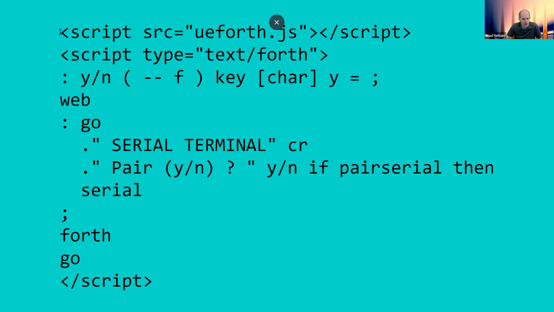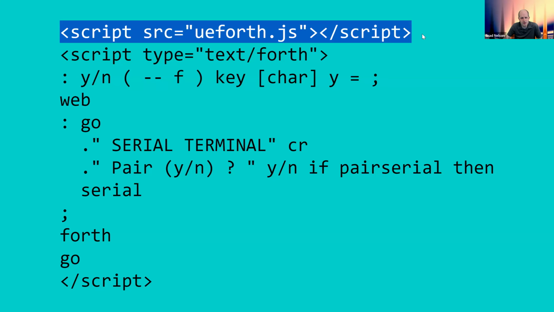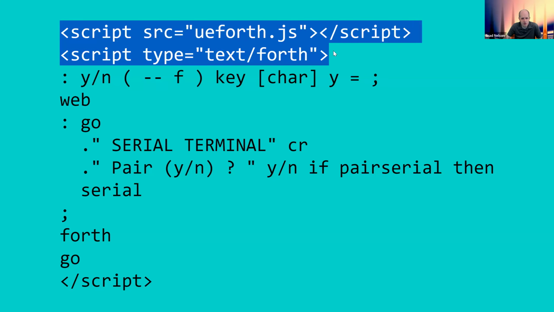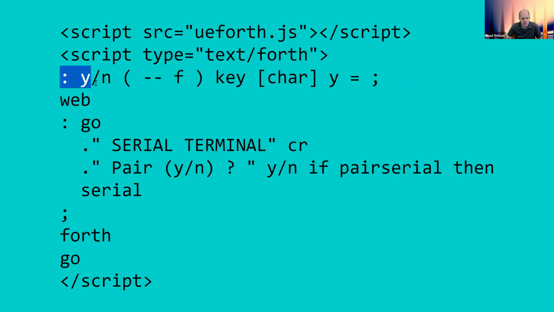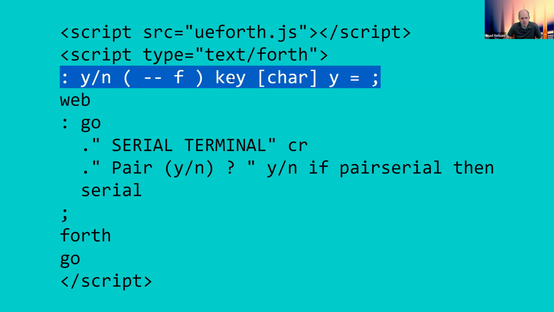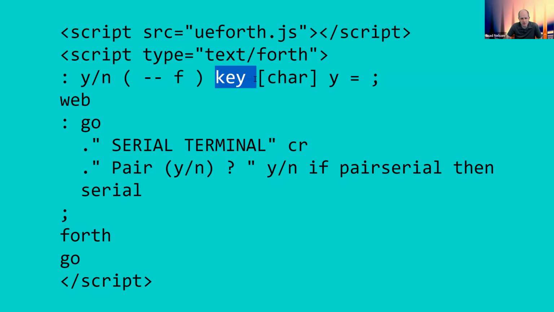The web version of microeForth can be embedded in a web page just by including a single JS file, and then you can have scripting tags in Forth. So I'm able to build a very simple serial terminal. I have a yes/no word that waits for a single key, and if it's yes, it returns true and otherwise false.